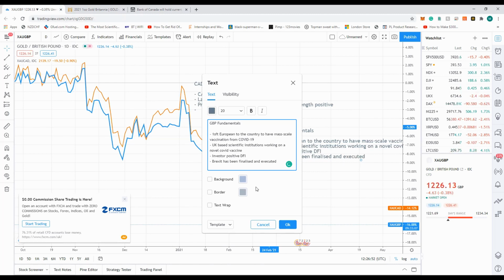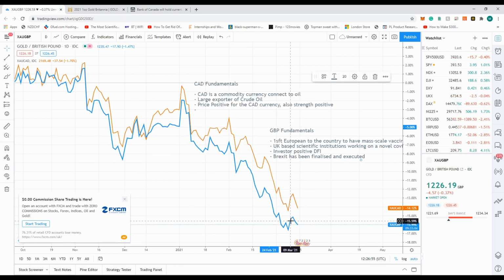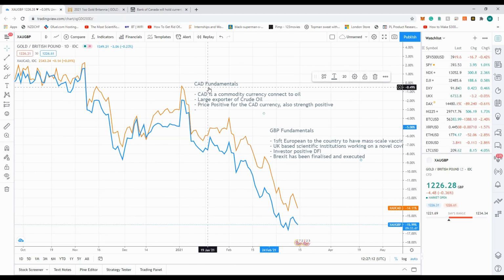There are other factors around it, but for now it has been executed, and we do have some resolution in that regard, which is important. So comparing the two, for me, fundamentally, I would say that the Canadian dollar's fundamentals are more important to the entire world than just the pound.